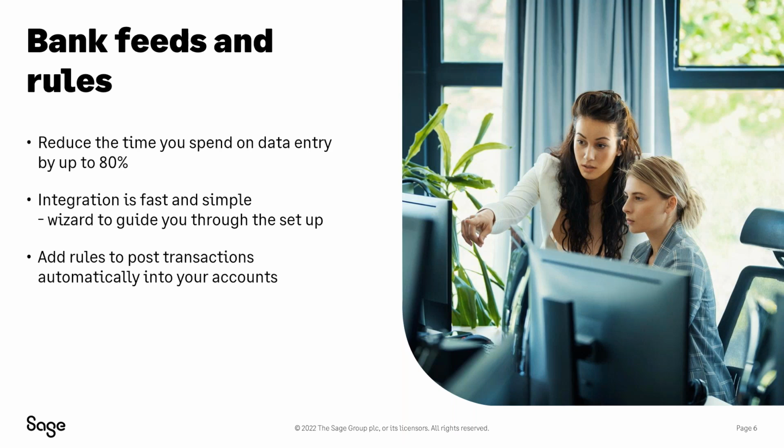Now, the rules option is a way of setting up conditions so that as transactions download, if the software recognizes transactions based on the conditions that you specify, you can instruct it what to do with that type of transaction.